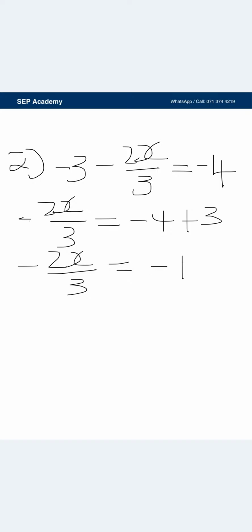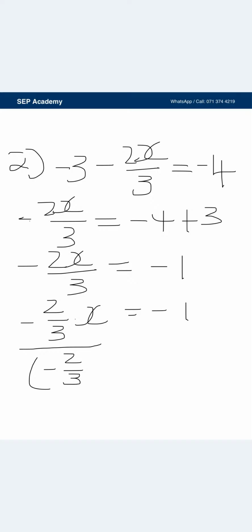Remember, it's always best to punch it on a calculator in case you are not sure. Something very important, remember that when you have negative 2x over 3, it is still the same as negative 2 over 3, and this x being there, which is still equal to that same thing. The reason why I'm doing it this way is so that I can divide by exactly that negative 2 over 3. I'm sure by now you know why. Obviously, what you do on the left, you do on the right.